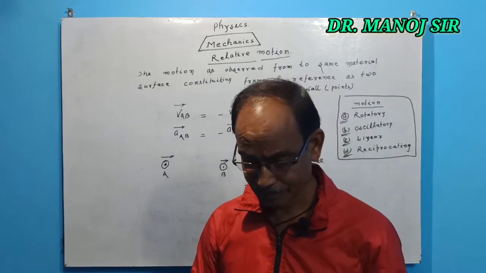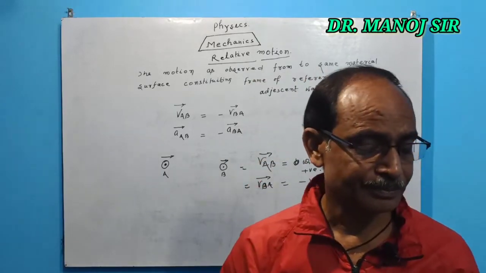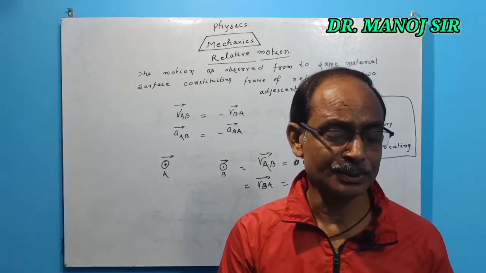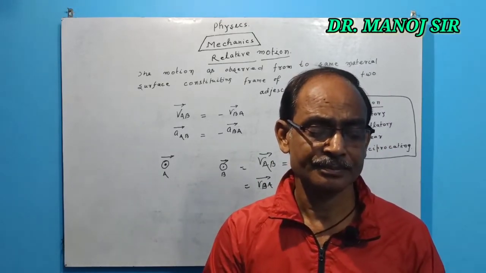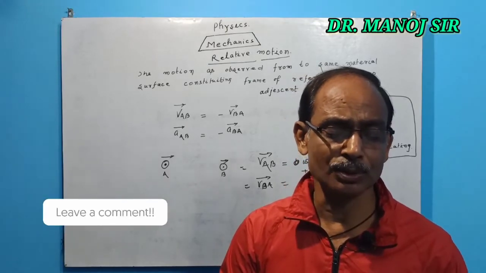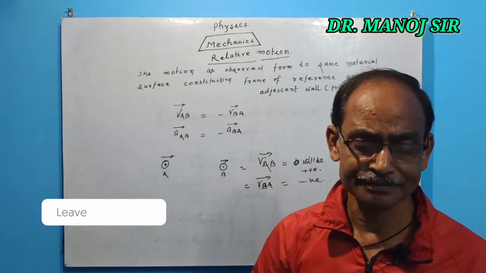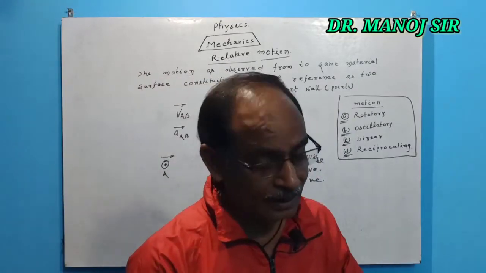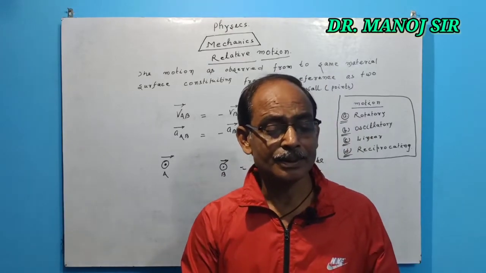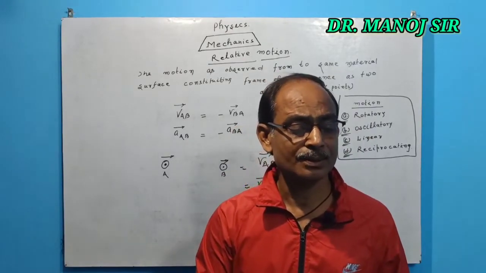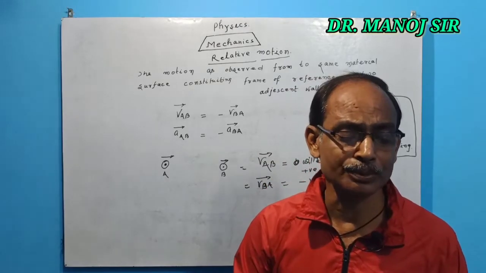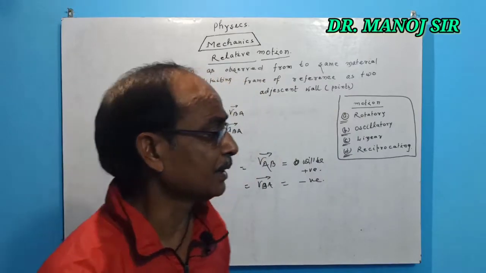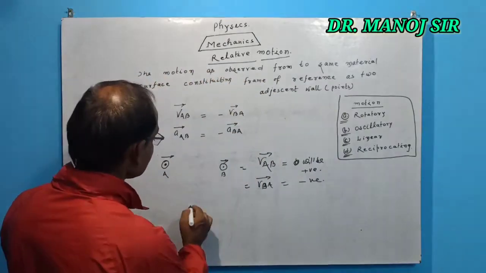Suppose, as an example, Sita is moving due east with a velocity of 1 meter per second, and Geeta is moving due west with a velocity of 2 meters per second. What is the relative velocity between Sita and Geeta?